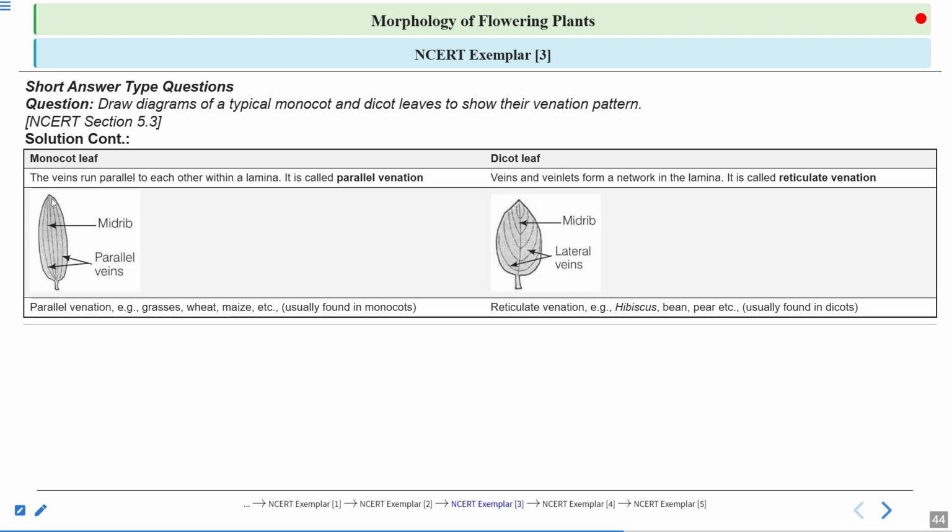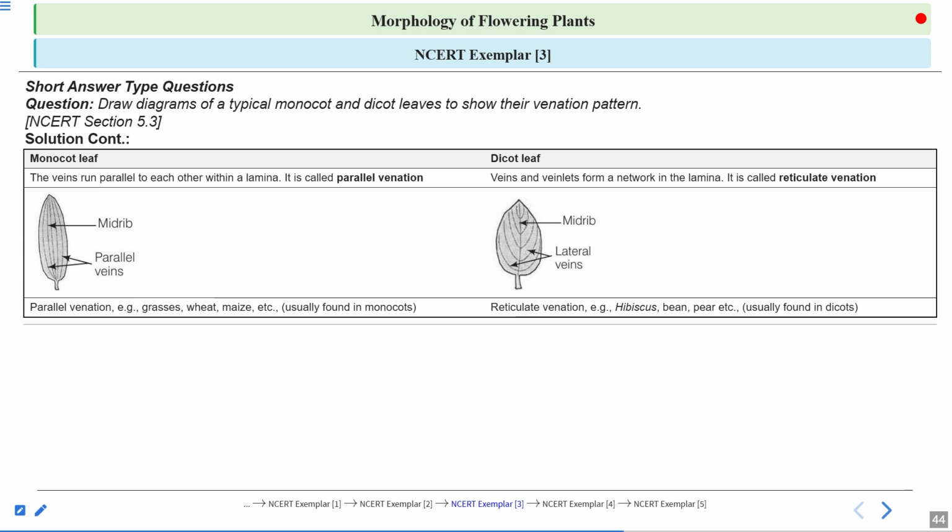In the figure you can see the veins and veinlets are parallel. But here, these are the veins coming from the midrib, and later you will see a network-like region in between these two veins, right? So that is the reticulate venation. If you want to see examples, you see parallel venation in grasses, wheat, maize, mostly in monocot plants.